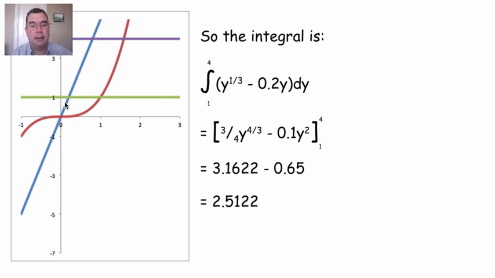And then the 1/5 y is on the bottom, or it's actually further to the left, or you can again tilt your head to see which one's on top and which one's on bottom. So my antiderivative of y to the 1/3 minus 0.2y is 3/4 y to the 4/3 minus 0.1y squared, and all of that calculation gives me 2.5122.